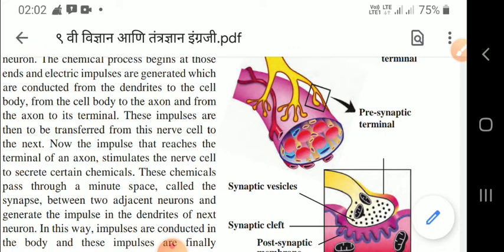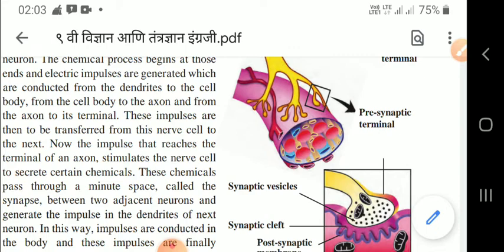Between two adjacent neurons, it generates the impulse in the dendrites of the next neuron. In this way impulses are conducted in the body, and these impulses are finally conveyed to the nerve cells, then to the muscles, and it may be a gland also.